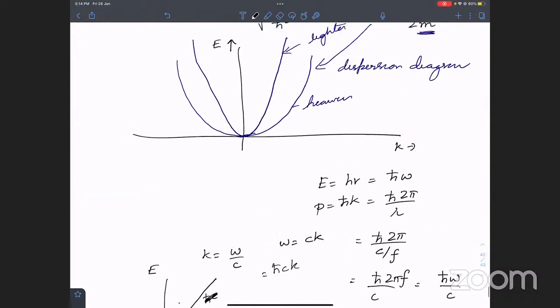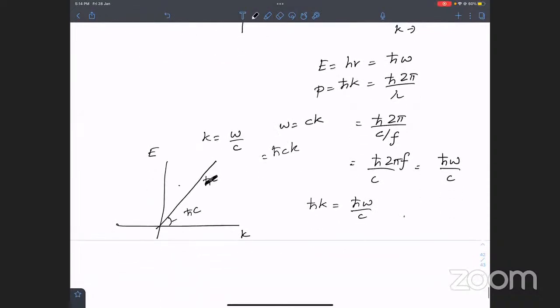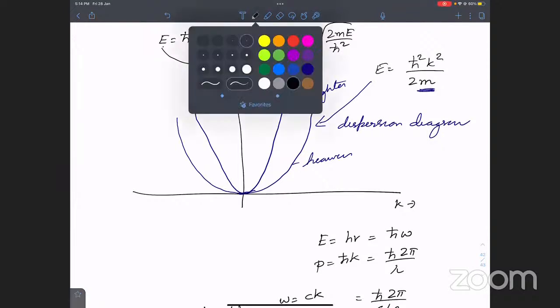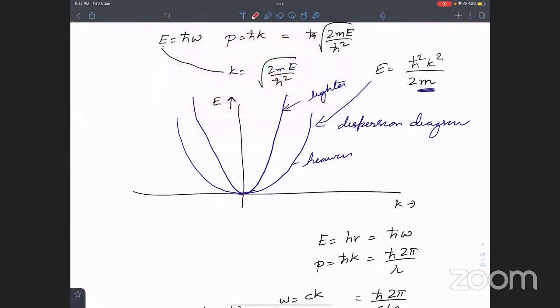And what you will typically find is that if I plot the E-k diagram for a photon on the same diagram, it would be very steep. So in other words, for the same energy, the momentum carried by a photon is very low, which is obvious, right? Because it doesn't have a mass.